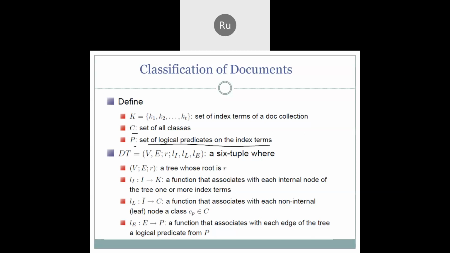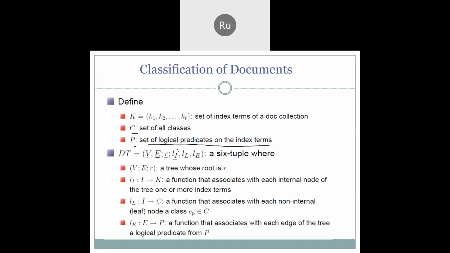Okay, so for the decision tree, we should have the vertex, the node, the edge connecting the father and the child vertex. This is the root, and this is the link that will associate the internal node of the tree with one or more index terms.